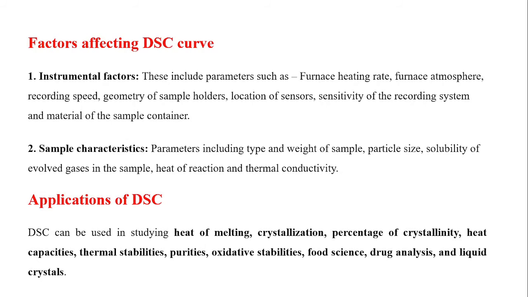The other is sample characteristics. Parameters including weight of the sample, particle size, solubility and evolved gases in the sample, heat of reaction and thermal conductivity. There are many applications of DSC. It can be used for studying heat of melting, crystallization, percentage of crystallinity, heat capacities, thermal stabilities, purities, oxidative stabilities, etc.